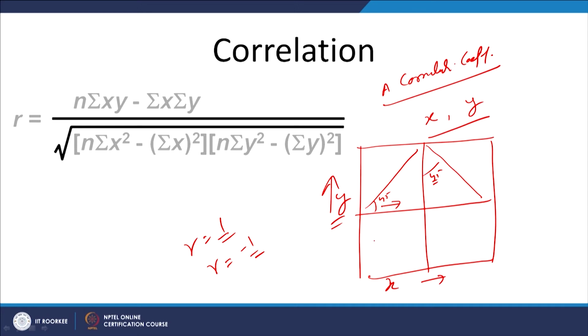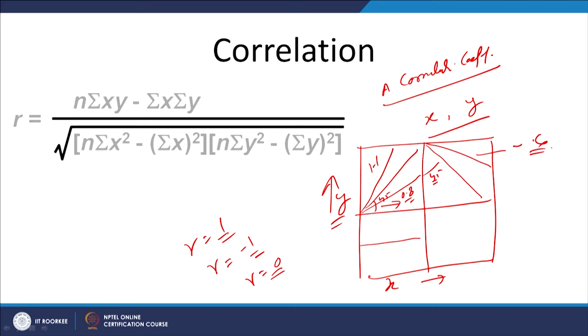When the value of y does not change with x, then the value becomes equal to 0. If the angle is higher than 45 degrees, it may be like 1.1; if it is lesser than 45 degrees, the correlation coefficient may be like 0.8; and if the slope is decreasing slowly, it may be like -0.6.